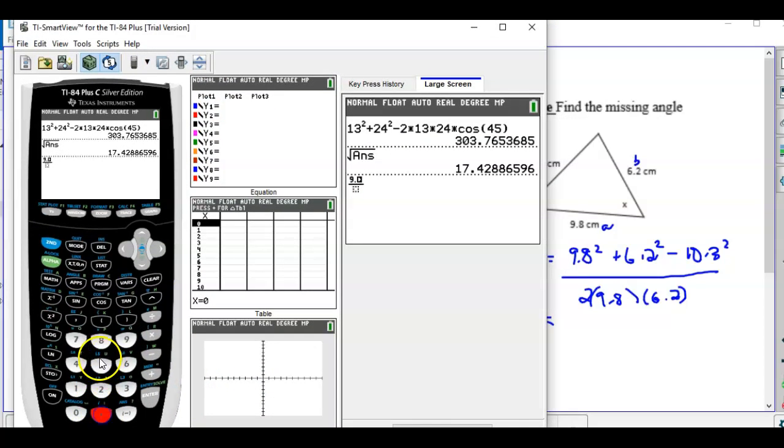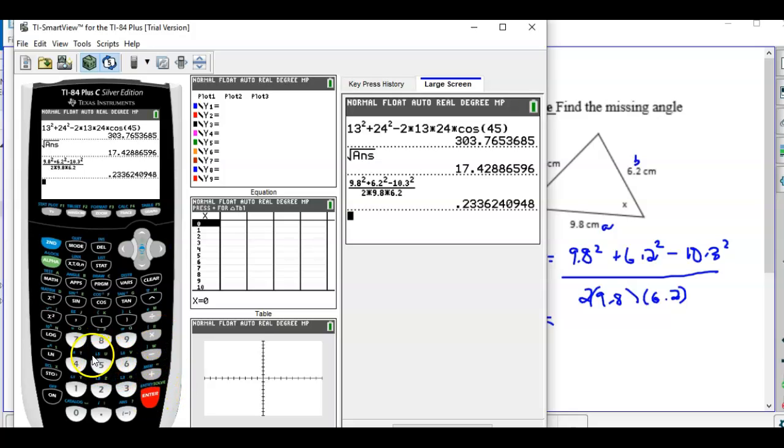So 9.8 squared plus 6.2 squared minus 10.3 squared. Then cursor down, 2 times 9.8 times 6.2, and that is your cosine value.